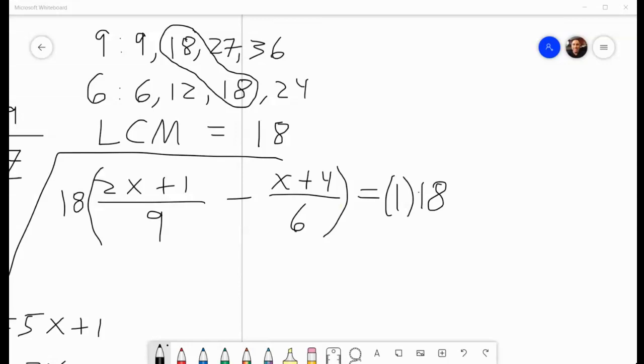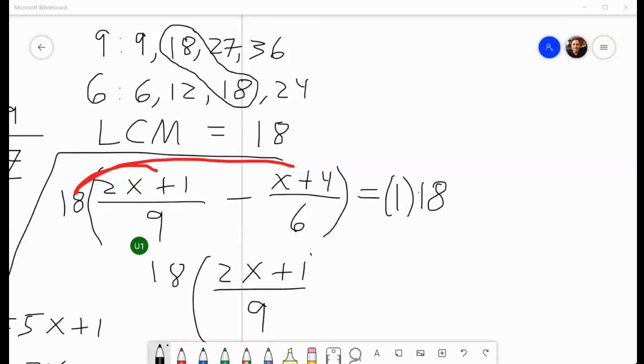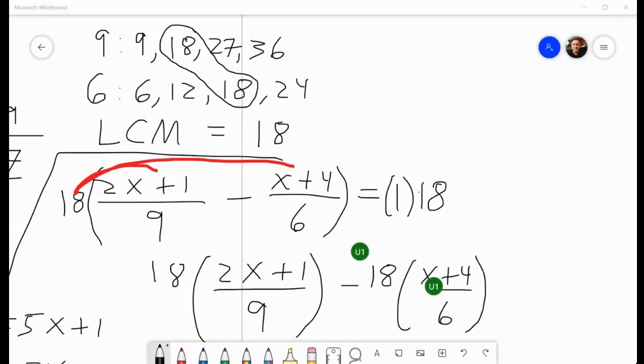So what we do next is we're going to distribute, right? Like so. And so we get 18 times 2x plus 1 over 9, minus 18 times x plus 4 over 6.